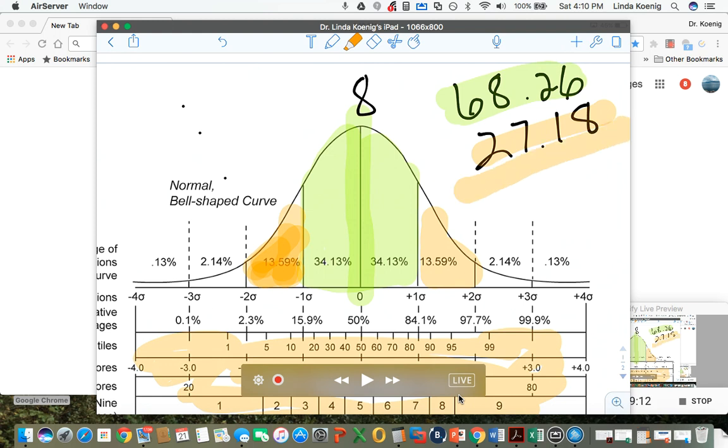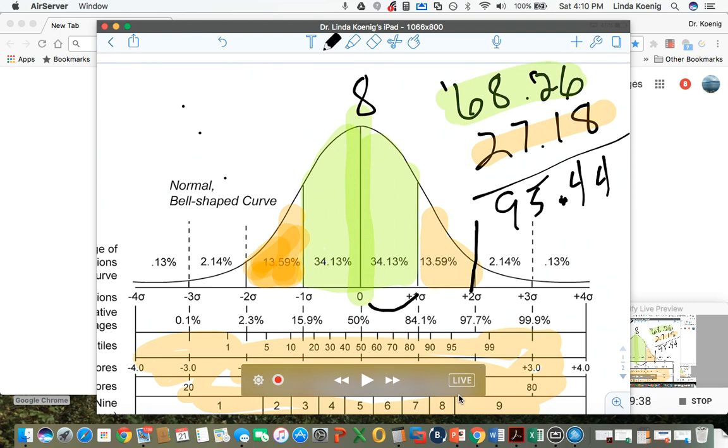So I'm going to add those up. 14, 4, 15, right? 7, 8, 9. So 95.44% of the population is going to fall between here, here, here, and here.